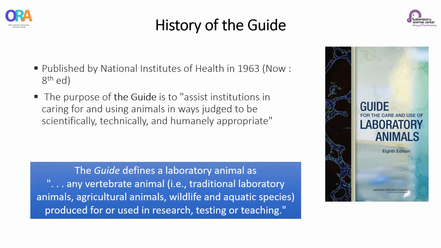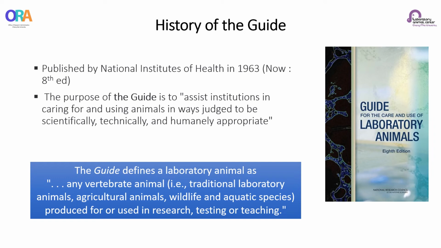First of all, I am going to talk about the history of the Guide. The Guide for the Care and Use of Laboratory Animals, currently published by the National Academy Press, was first published in 1963 by the U.S. National Institutes of Health.